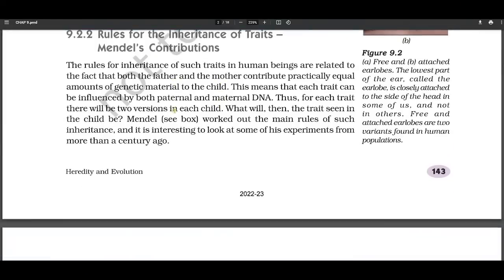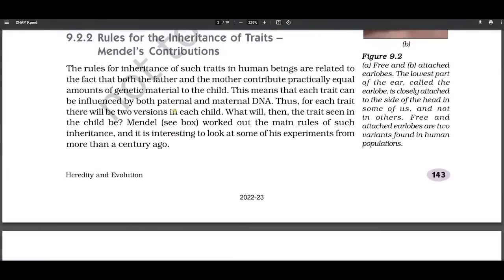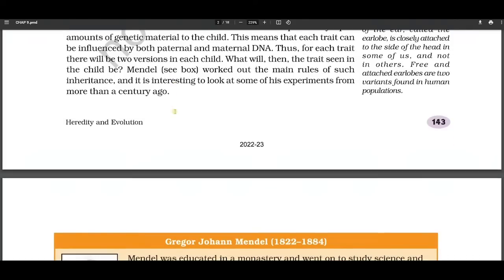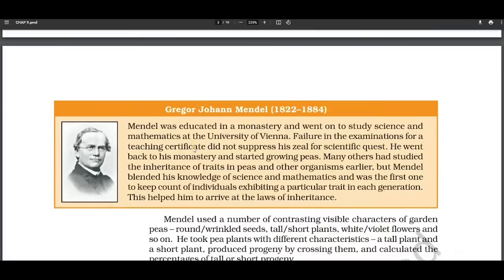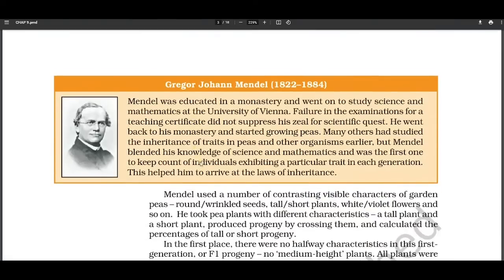From the examination point of view, the important 3 or 4 mark question you can expect is Mendel's monohybrid and dihybrid experiment. Both explain the concept of the trait being dominant or recessive. With the help of the checkerboard, you should explain monohybrid or dihybrid cross.